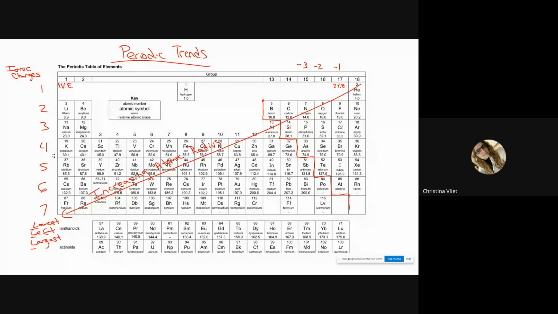Drop the 1. It also says that metals lose electrons. We're going to learn a little bit more why in a little bit. But that means that every element in group 1 has what charge? The ionic charge would be positive, because this is 1 plus.